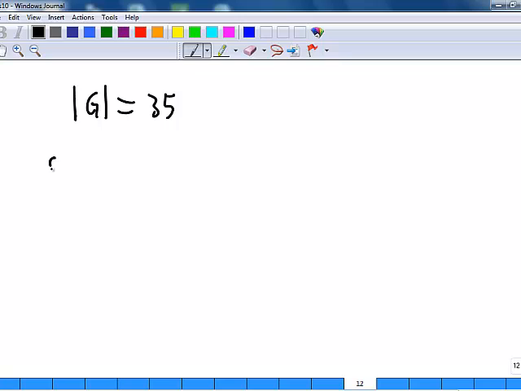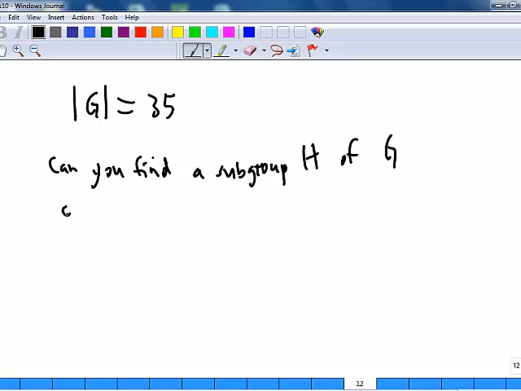So, can you find a subgroup H of G such that the size of H equals 2? You find a subgroup that has 2 elements inside G.